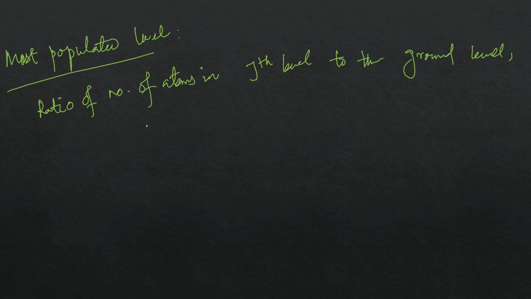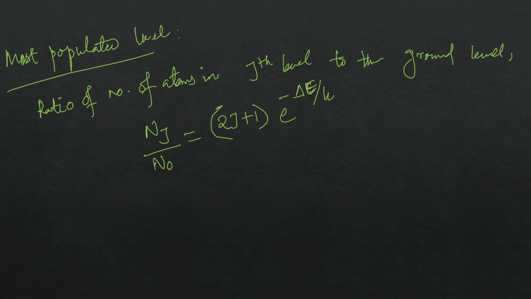That is nj by n naught is equal to 2j plus 1 e to the power minus hcB j j plus 1 by kbT.